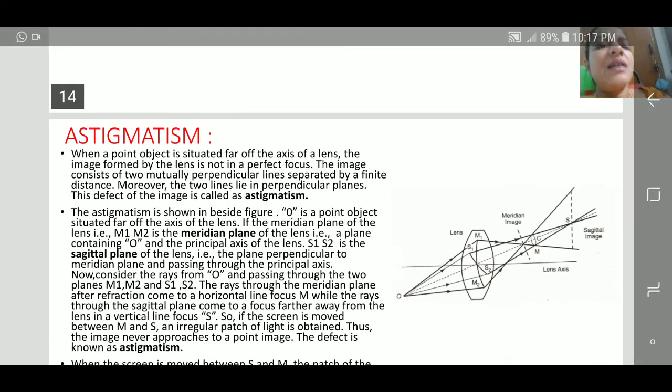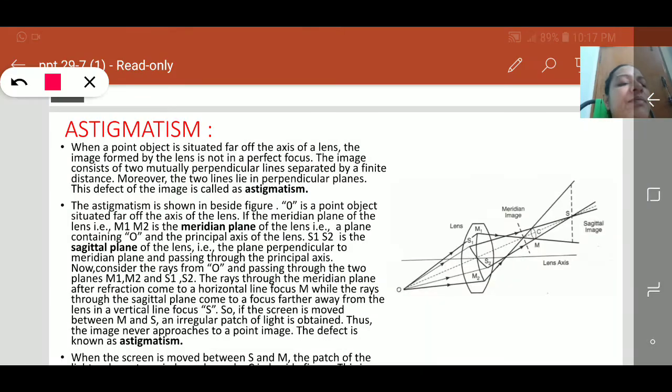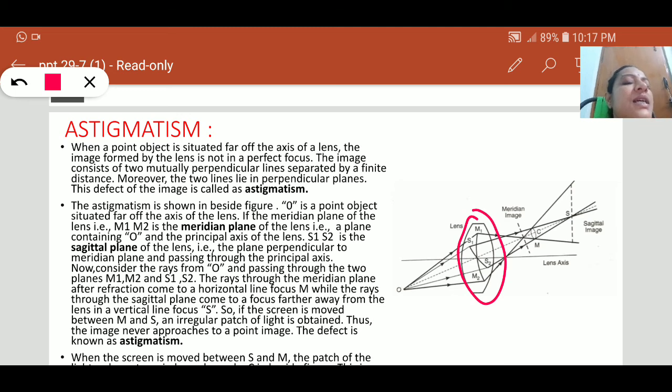See here, this is the lens system we have taken. This is our lens, and this is the principal axis. This is the object we have placed off from the principal axis. The plane containing this object and the principal axis is known as the meridian plane.